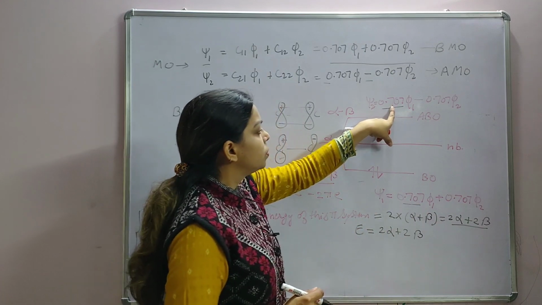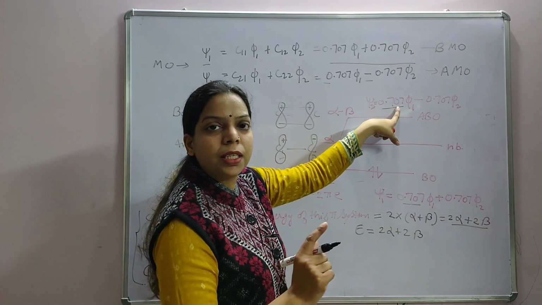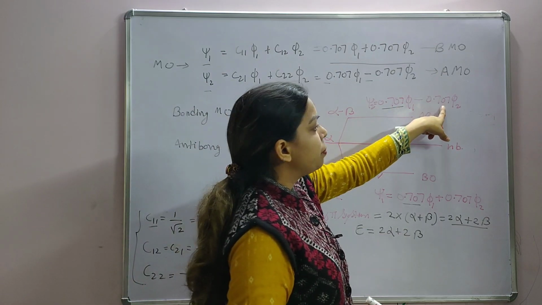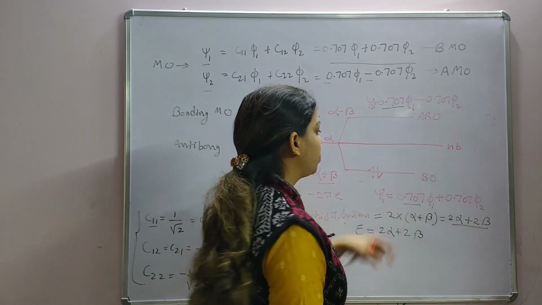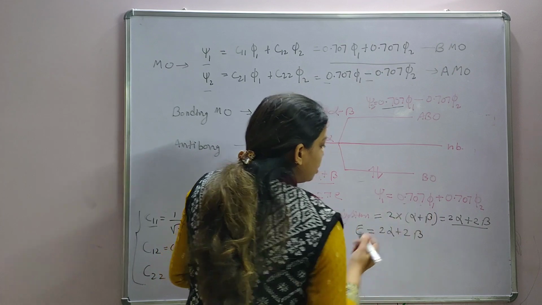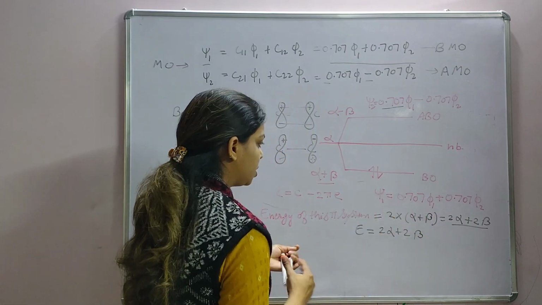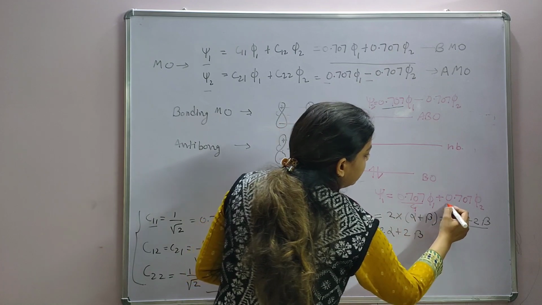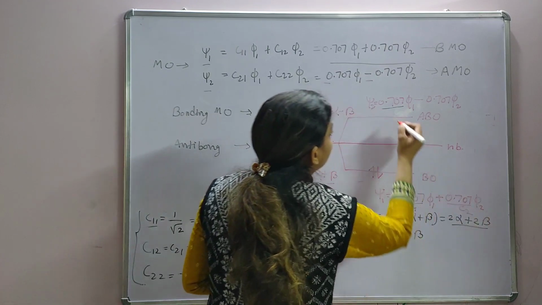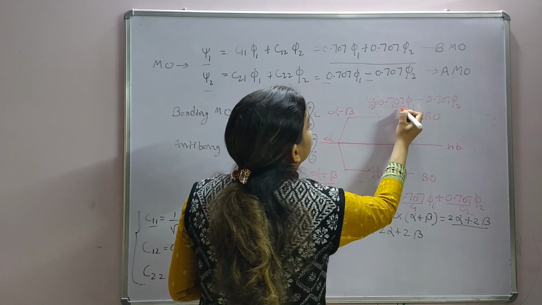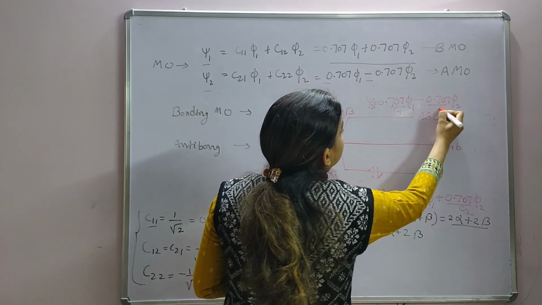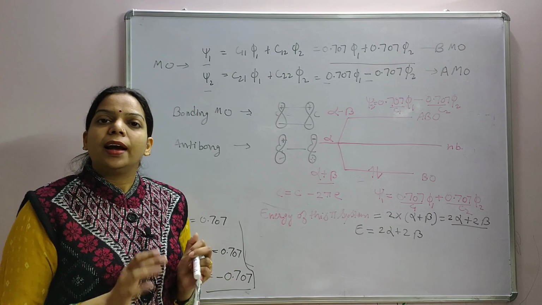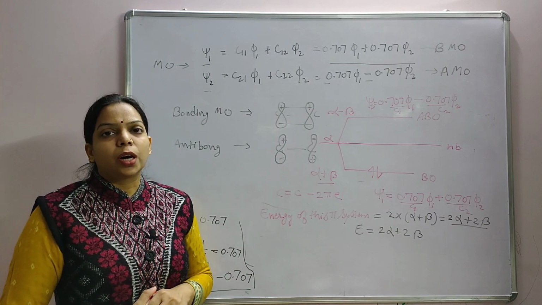Here also this coefficient represents carbon atom 1 and this coefficient represents carbon atom 2. So let's see how to calculate the charge and bond order between the two carbon atoms.